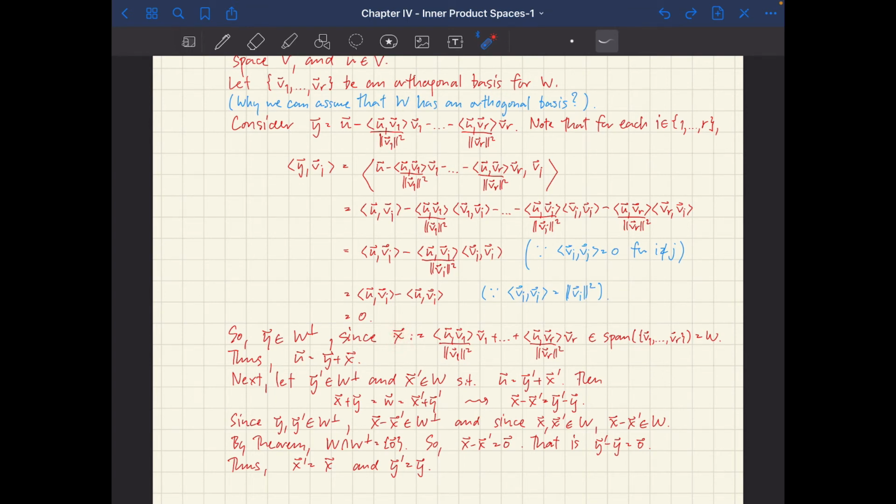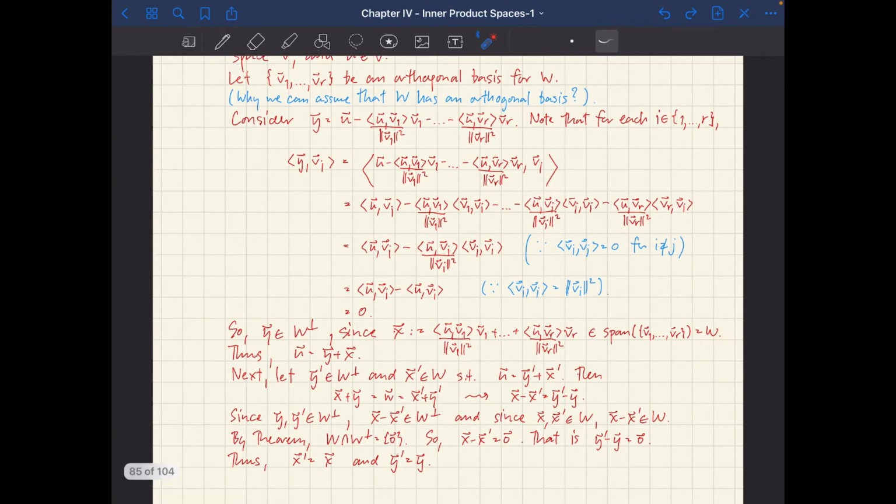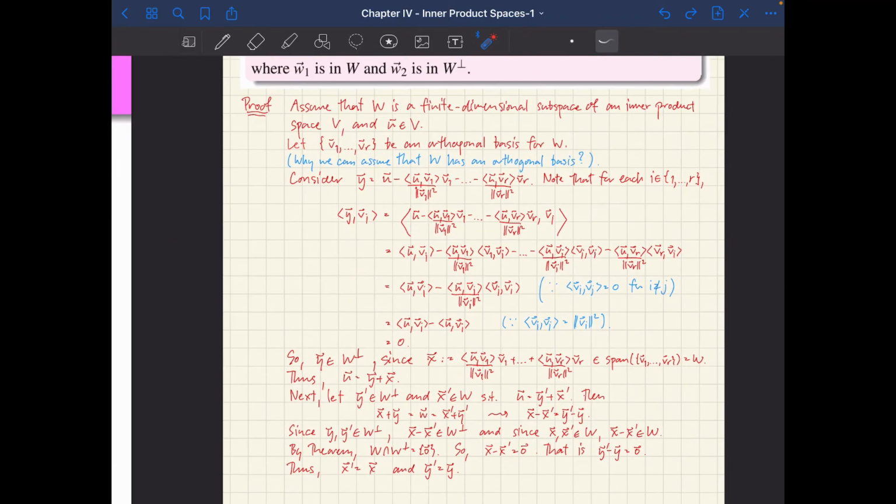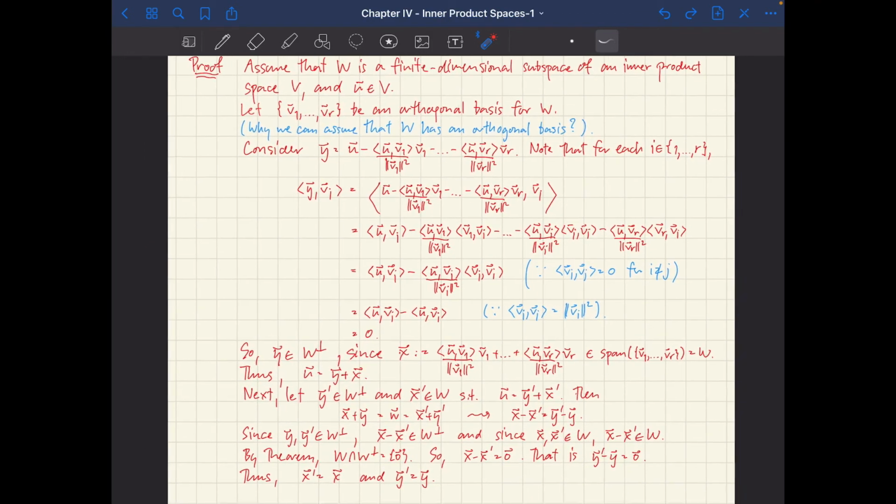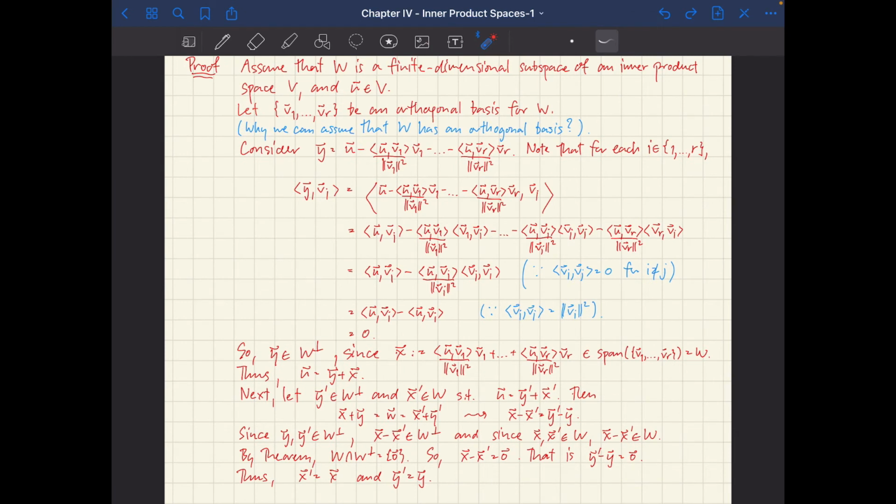Because x can be written as a linear combination of v1 to vr, and the span of v1 to vr is equal to W. So we can show that u is equal to y plus x, where y comes from W perp and x comes from W. Next, we need to show that y and x are unique.